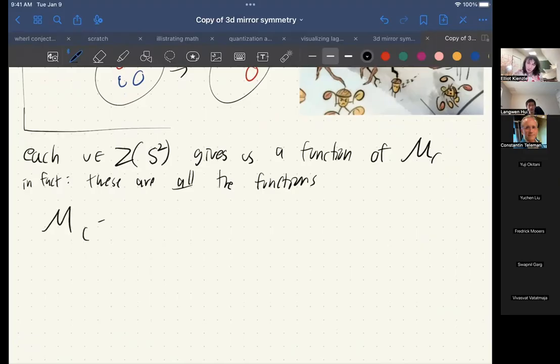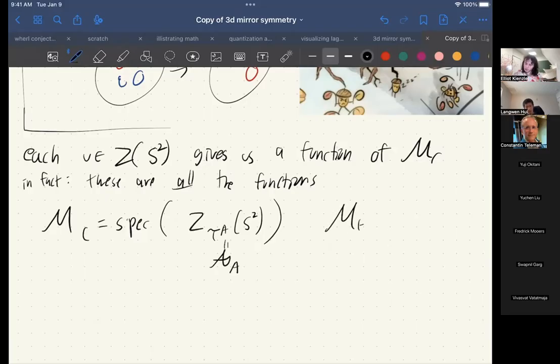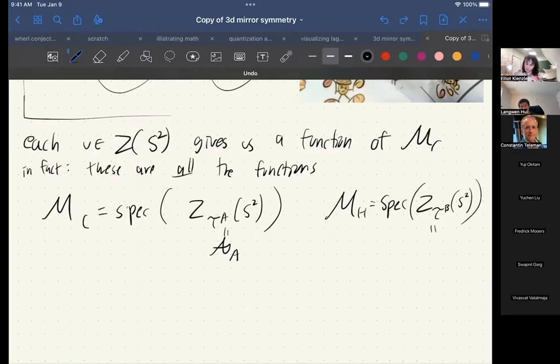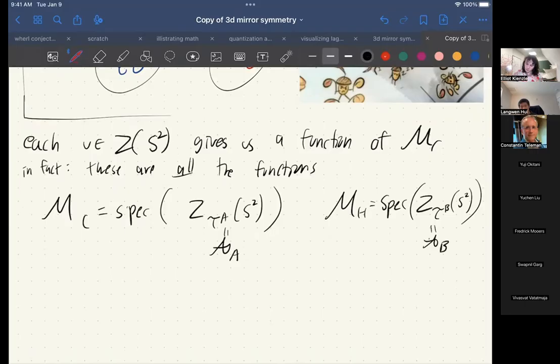So the Coulomb branch, the way we get this is we take the spectrum of whatever the algebra of operators of the A side theory is. And this I'm going to denote by the algebra sub A. Whereas the Higgs branch is going to be the spectrum of the operators of whatever the B side theory is. So these are the algebras of operators.